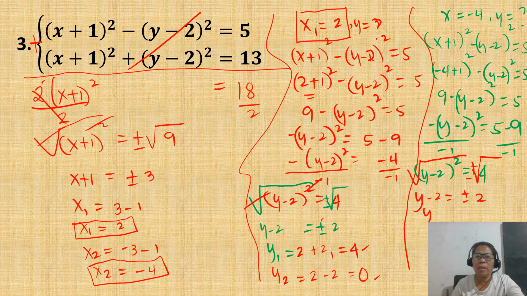So the first value of y is 2 plus 2 is equal to 4. And then the second one is y sub 2 is equal to negative 2 plus 2, then still a 4 and 0 are the values of our y if we will be using the value of x, which is negative 4.